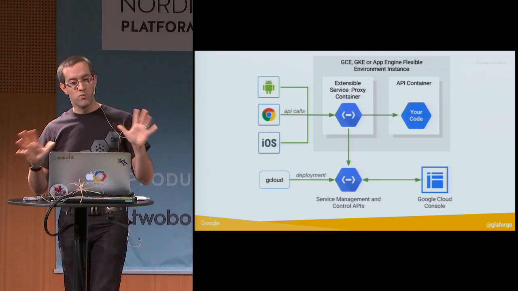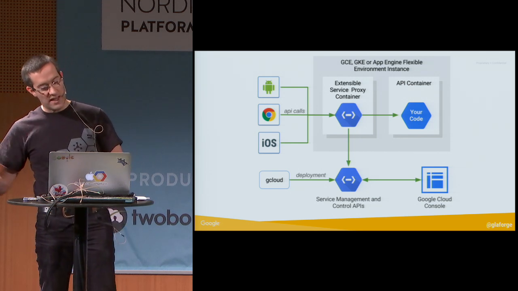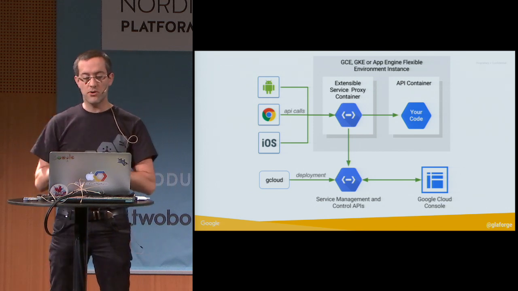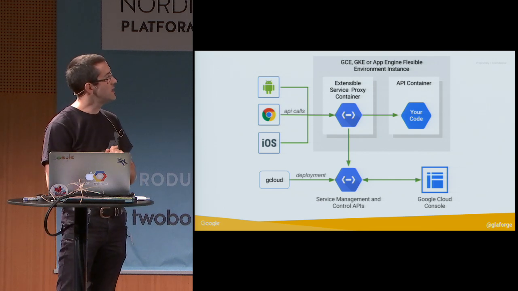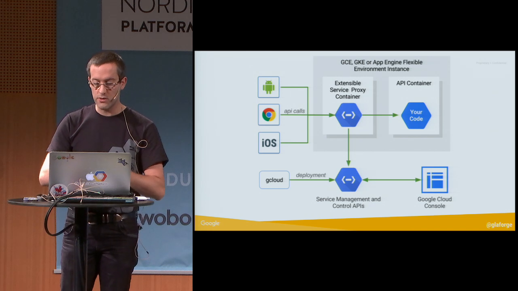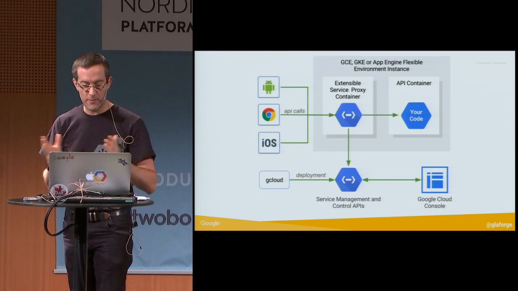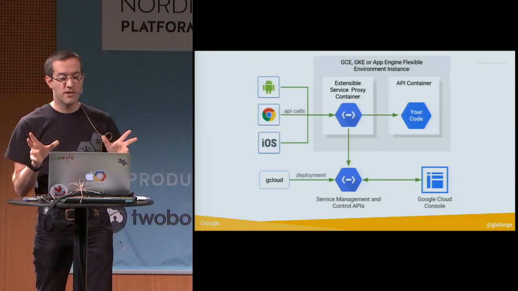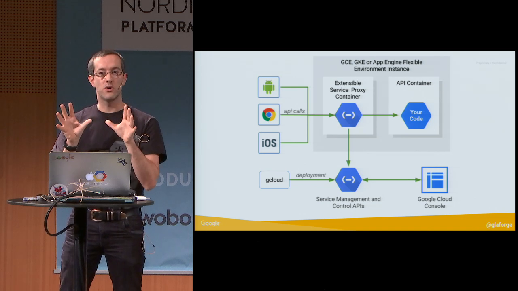So this is more or less what it looks like. You have clients calling into what we call the ESP, the Extensible Service Proxy. It's actually just a container that you can also use and reuse, which is the proxy in front of your app, your API. And what's interesting is that it's co-located with your API code, right?